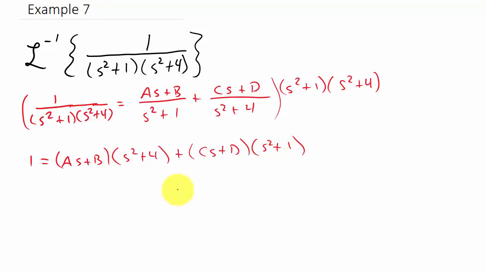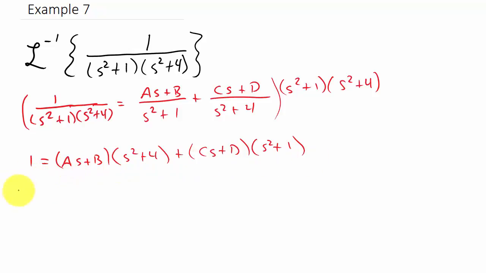Alright, so in this one, I can't do like I did in example 6, where I let s equal something and zero this out, because s squared is never going to be negative 4, and over here s squared is never going to be negative 1. So what we have to do is FOIL this out, and hopefully you remember how to do that.